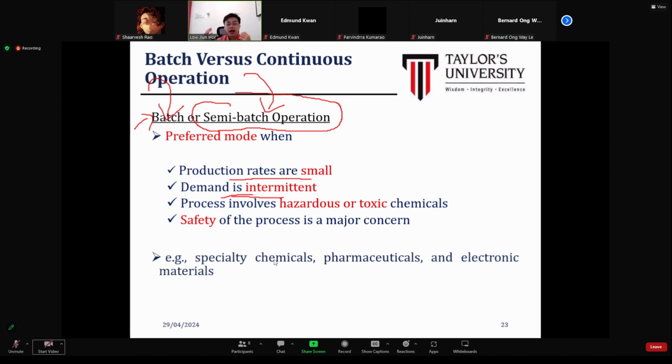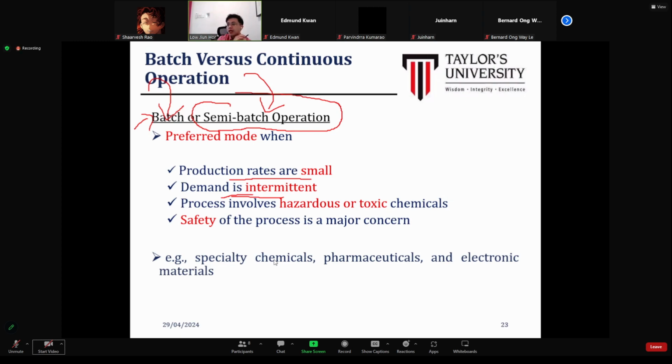that can fulfill or meet the expectation of our customer. Or even in the chemical industry, some of the processes need to do quality checking. That means before they discharge the product out from the unit operation, they want to perform some quality check to make sure the product can meet the quality standard.